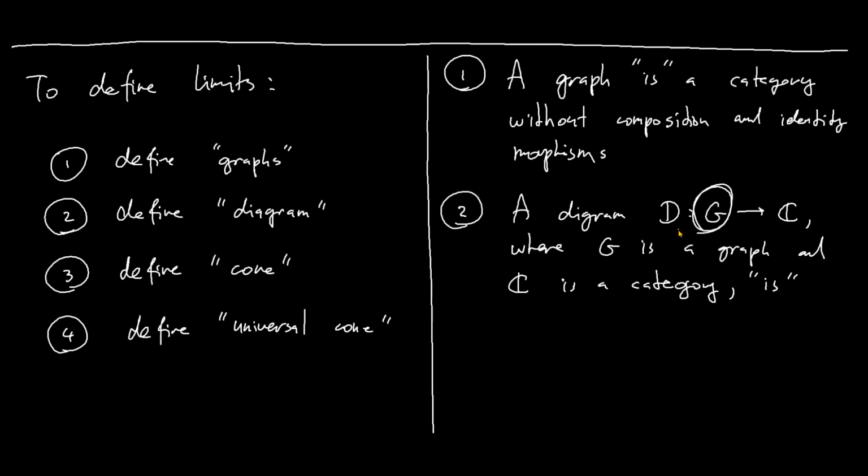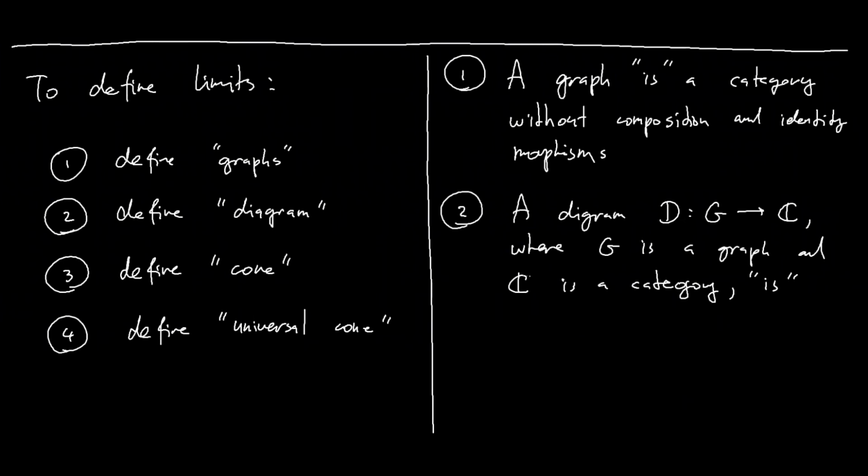If G was a category, then we're interested in functors from the category G to the category C. But G is now not a category, it's only a graph. And if you recall in the definition of a functor, we had this object mapping, we had the morphism mapping, and then we wanted the composition to be preserved and the identity morphisms to be preserved, as well as the domain and codomains of morphisms to be preserved. But composition does not exist in G, identity morphisms don't exist in G, so remove those parts in the definition of a functor and you get the notion of a diagram.